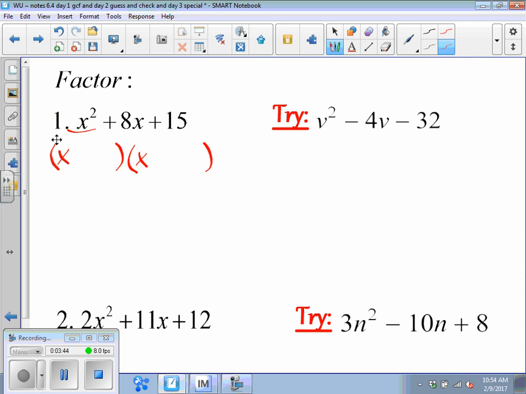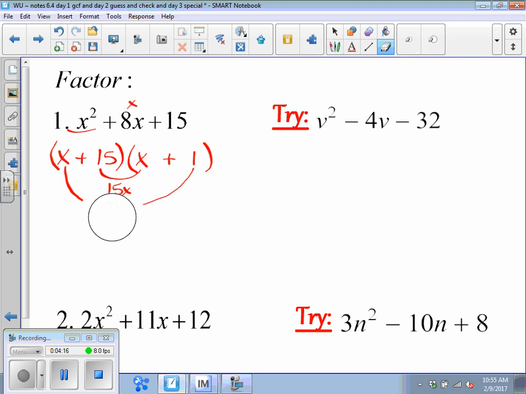Now, 15. What are my options? 15 times 1, or 5 times 3. Okay? I'm going to do the wrong one first, just to show you. So, 15 times 1. That gives me 15x. This gives me 1x, which is equal to 16x. That is not my middle term.